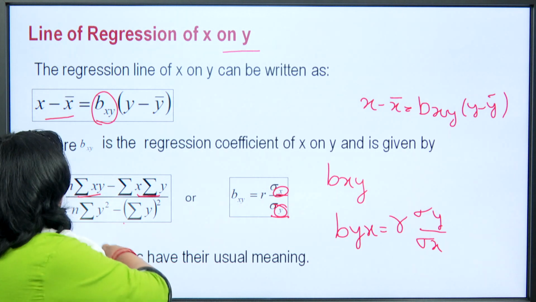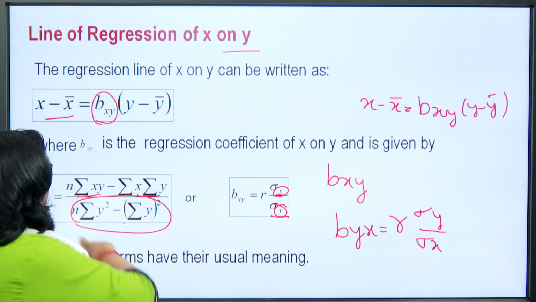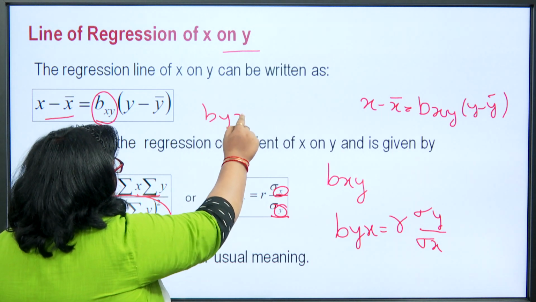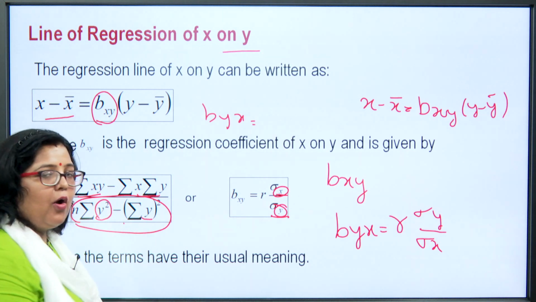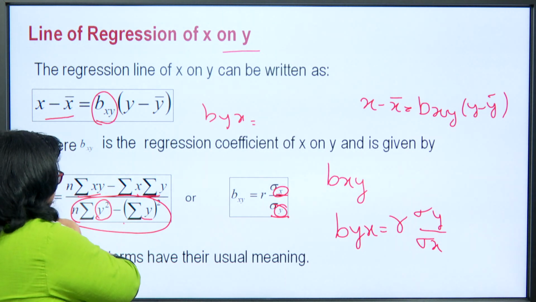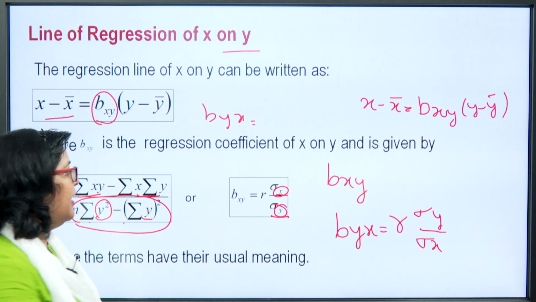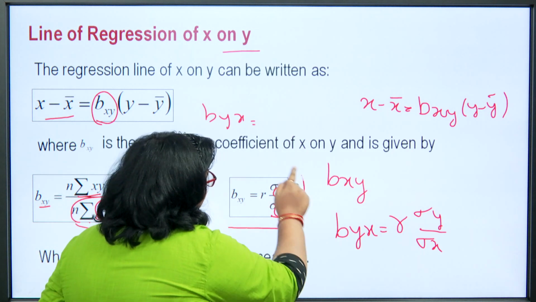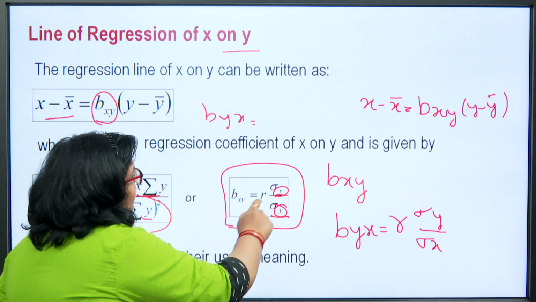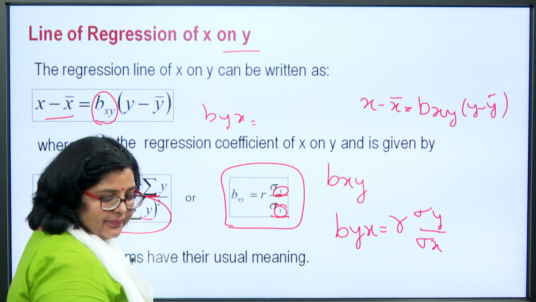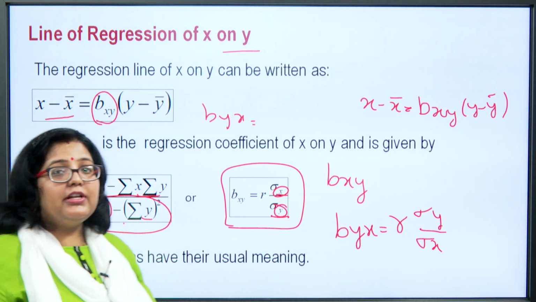Here bxy is n summation xy minus summation x summation y upon n summation y square minus (summation y) whole square, and when mean and standard deviation are given, the coefficient of x on y is r sigma x upon sigma y.